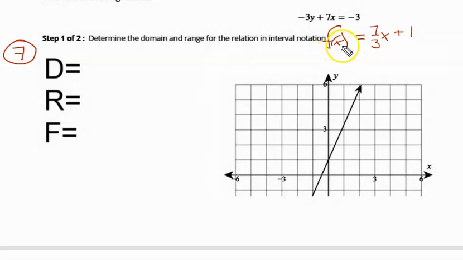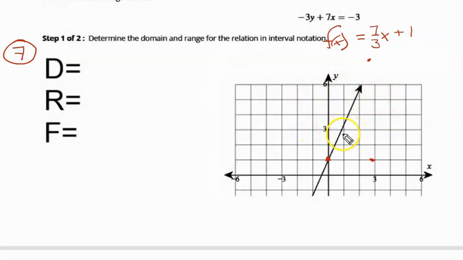But if you were to graph this, I've put it from standard form to slope-intercept. Our y-intercept is 1, right there. And our slope is 7/3. So I would go over 3. And then 1, 2, 3, 4, 5, 6, 7. It's off the graph. That would be where that other point is.